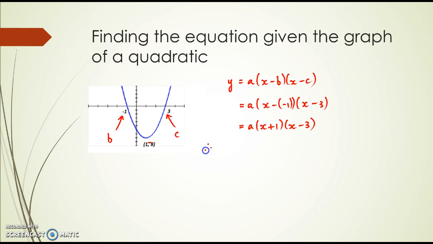So what I'll do here is I'll substitute for the values of y, which is -8. I'll keep a as it is, but when y is -8, we're told that x has a value of 1. So substitute for both x and y, and then we'll see if we can simplify it a bit. 1 plus 1 is 2, and 1 minus 3 is -2.